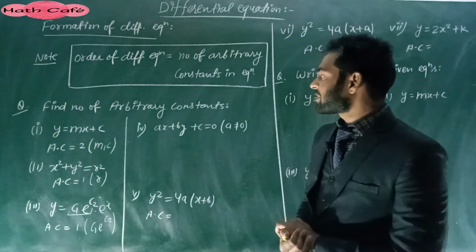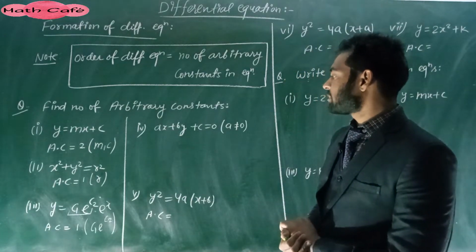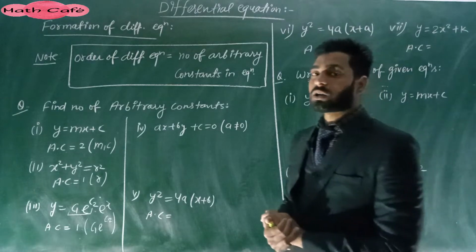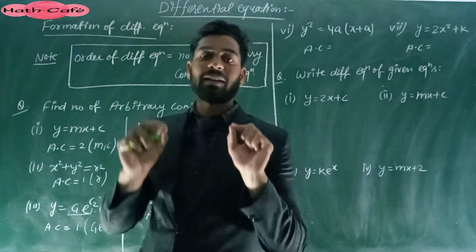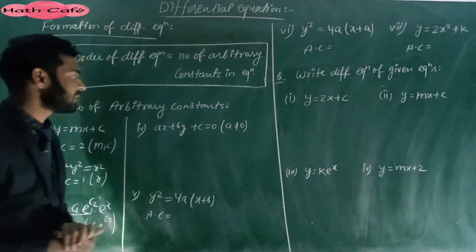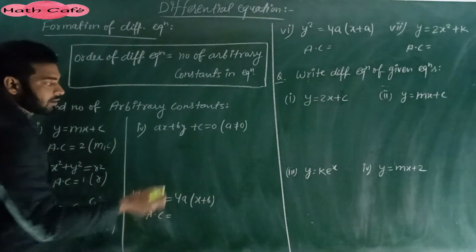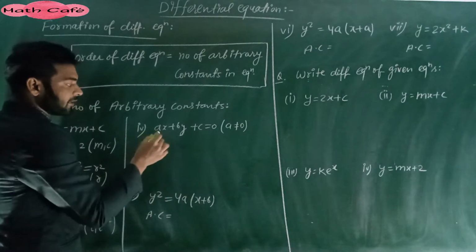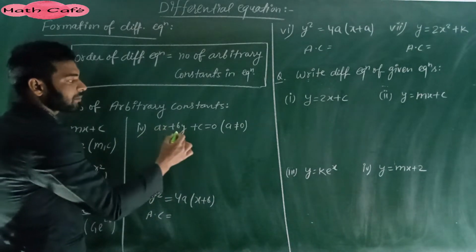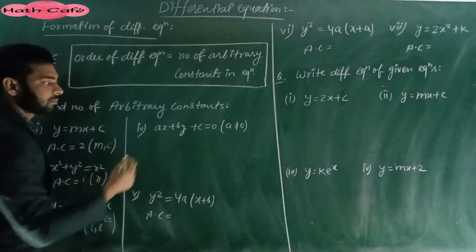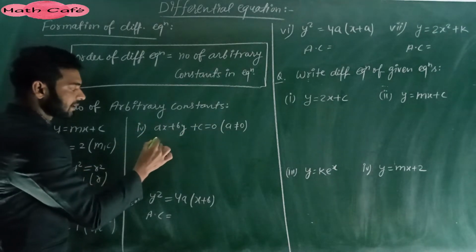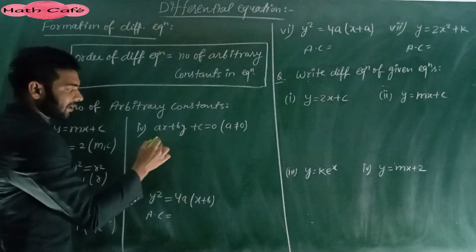That is written here, ax plus by plus c equals 0, where a is not equal to 0. We need to write the number of arbitrary constants in the given equation. We cannot write 3 arbitrary constants, because we can convert it by dividing by a.